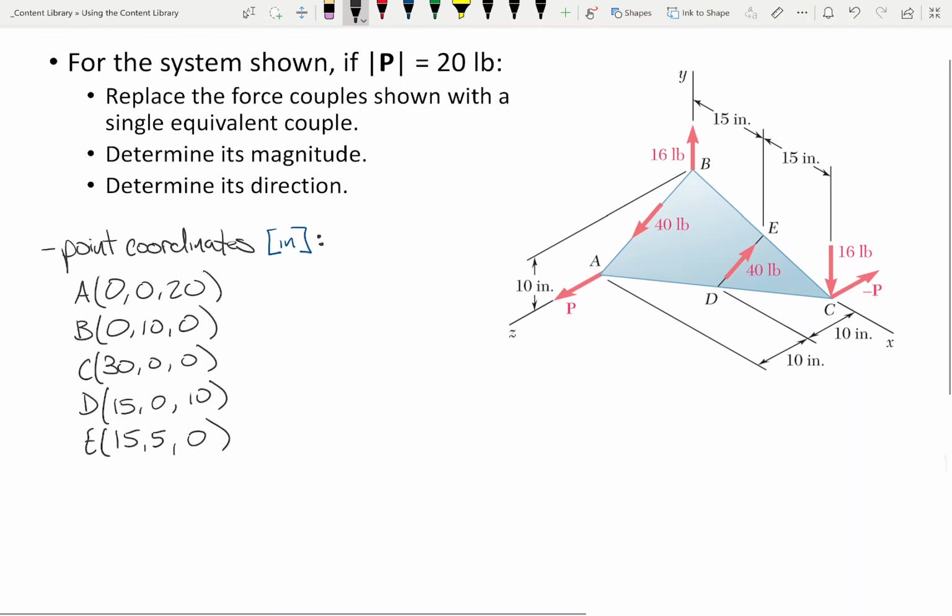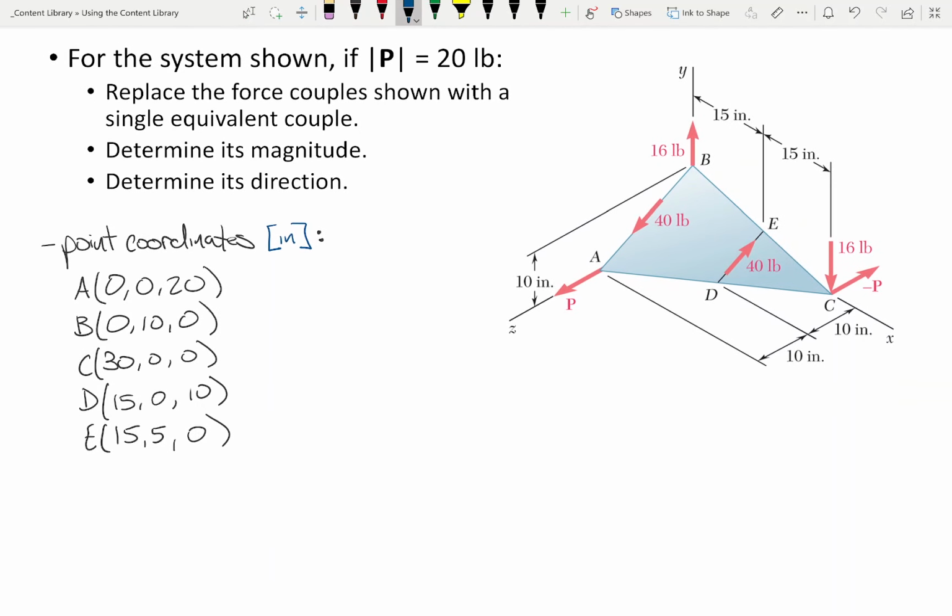All right. Now, let's take each one of these one at a time, and let's see if we can work it out. I propose that when dealing with force couples, there are two ways of handling it. There's the formal way, and then there's the observation way.